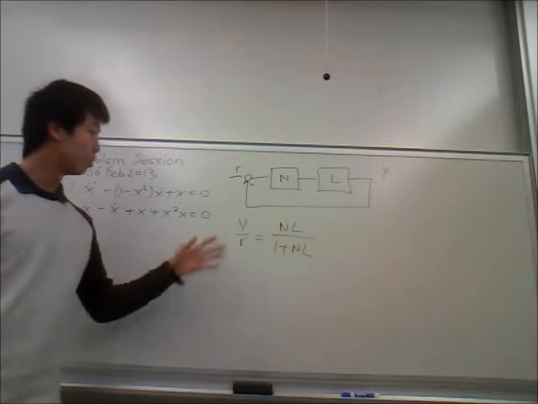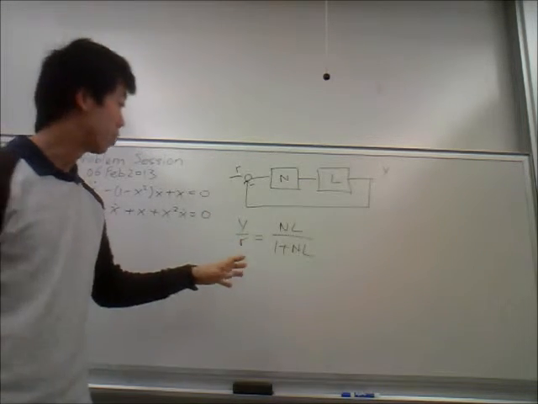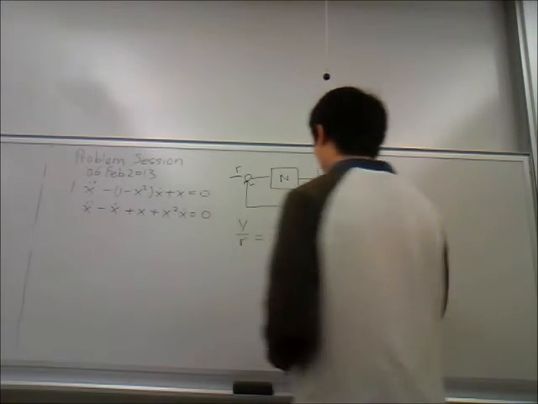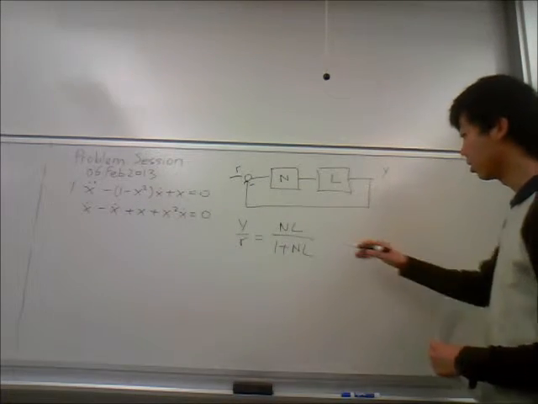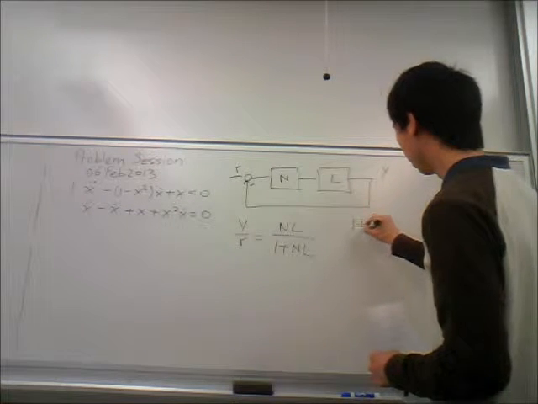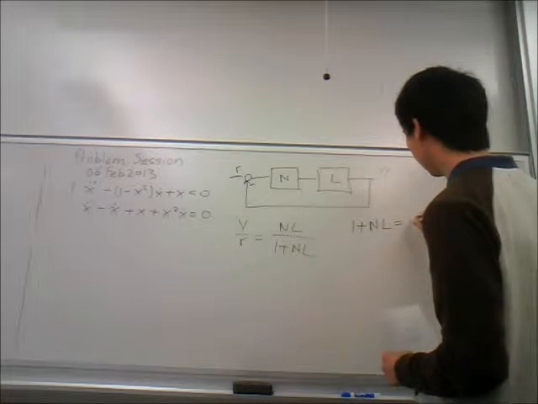When we're looking for limit cycles, we're looking for neutral stability. That means the poles of the closed loop transfer function essentially go to 0. So we're looking for the solution to the equation 1 plus NL equals 0.